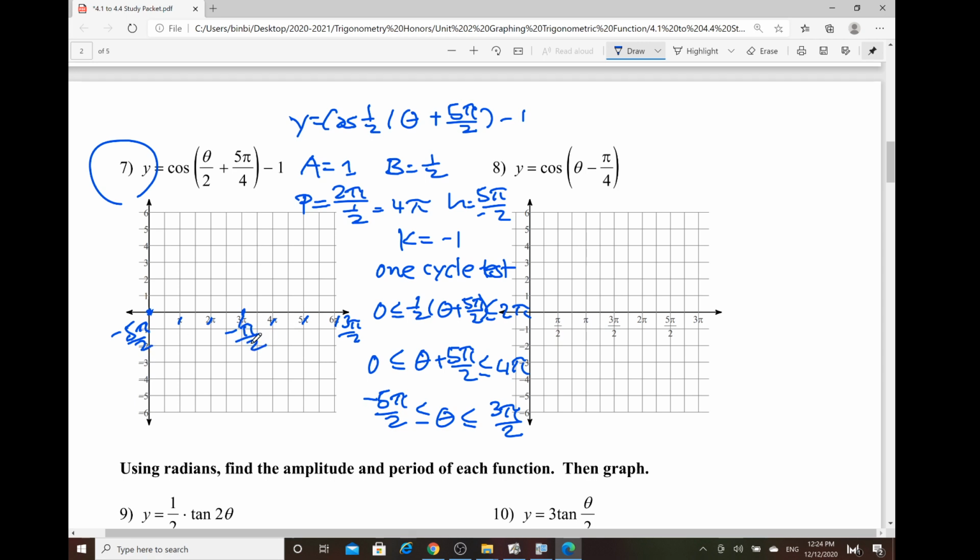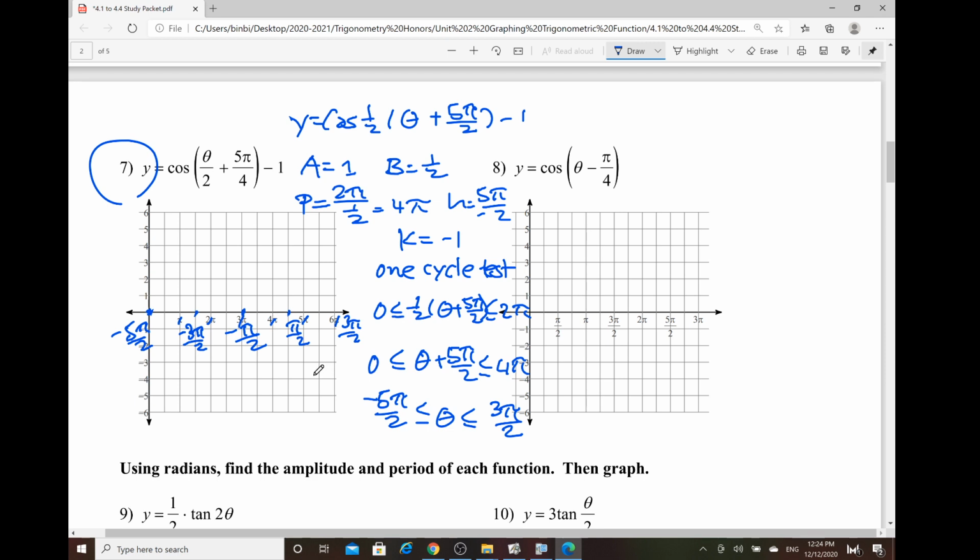And then half of the distance here, -3 pi over 2. And half of the distance here. Combine them, so it's positive 2 pi over 2, which is pi, divided by 2, so pi over 2. So 0 is right here.